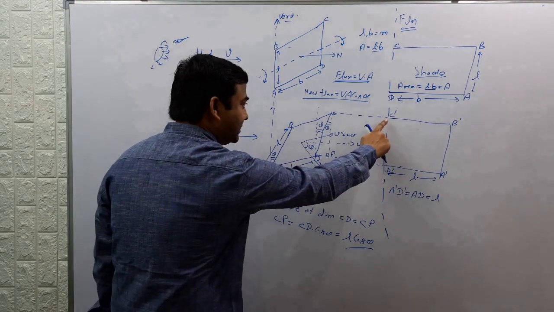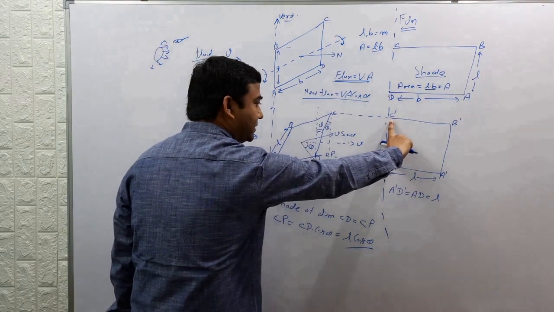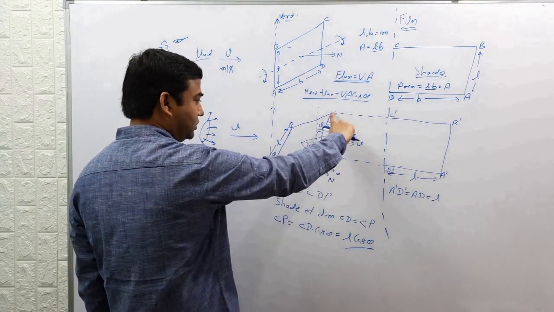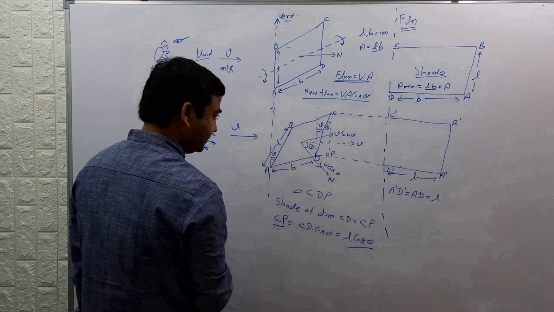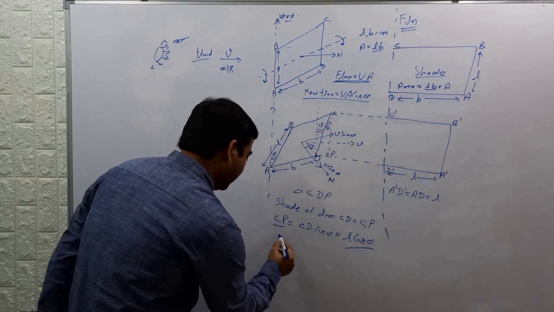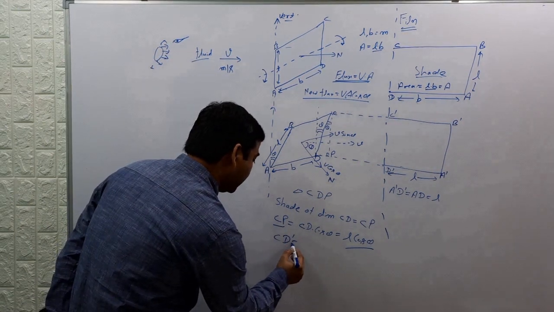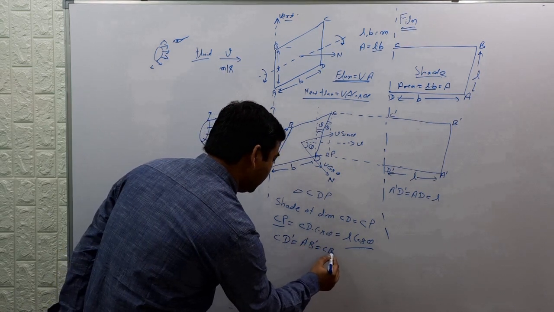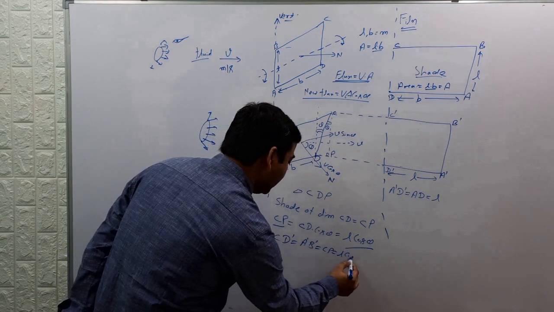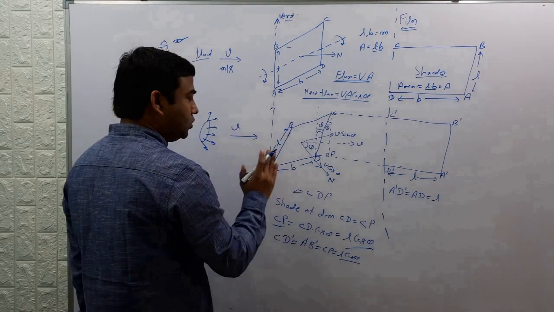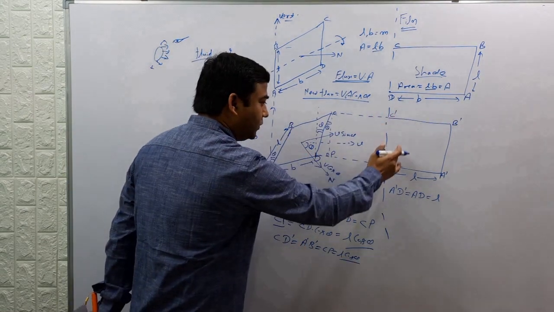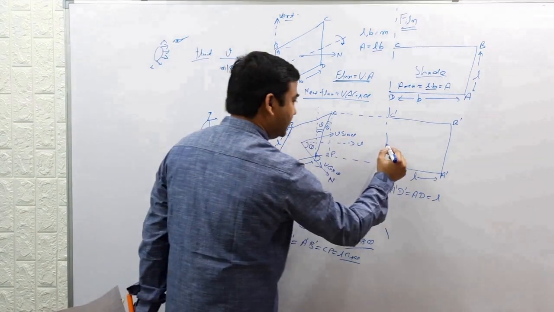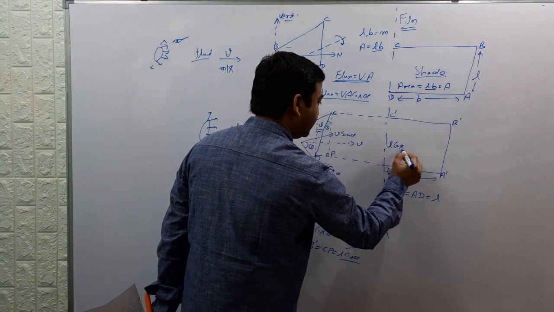So C dash D dash, the length of this shade, is equal to A dash B dash, is equal to CP, is equal to L cos theta. So the length of the shade of dimension AB is L cos theta.